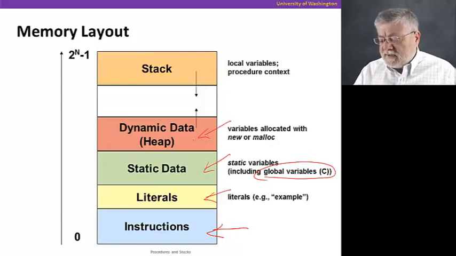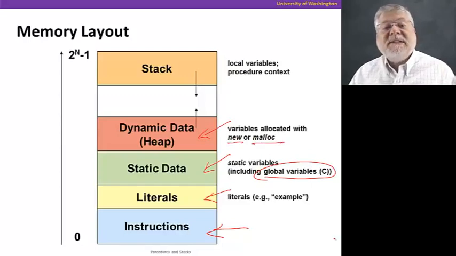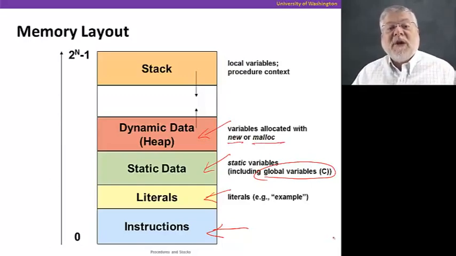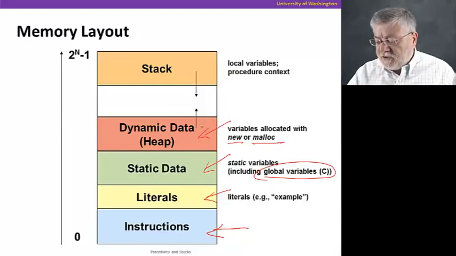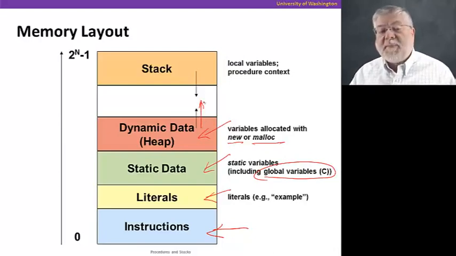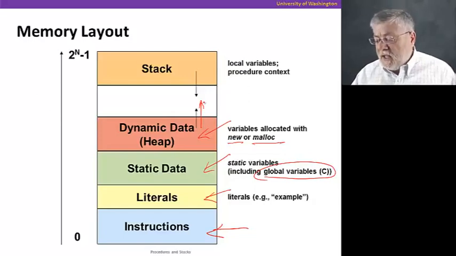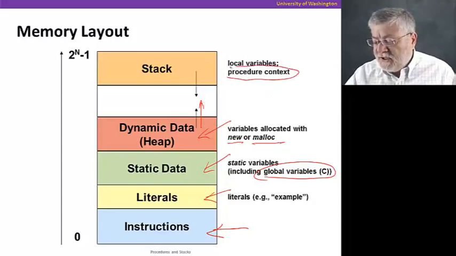This space is allocated using things like new in Java or malloc in C, basic memory allocation procedures that we can call to get us a new space for the particular data type we need. And this region grows as we ask for more and more dynamic data space, and it grows up in memory to higher addresses.